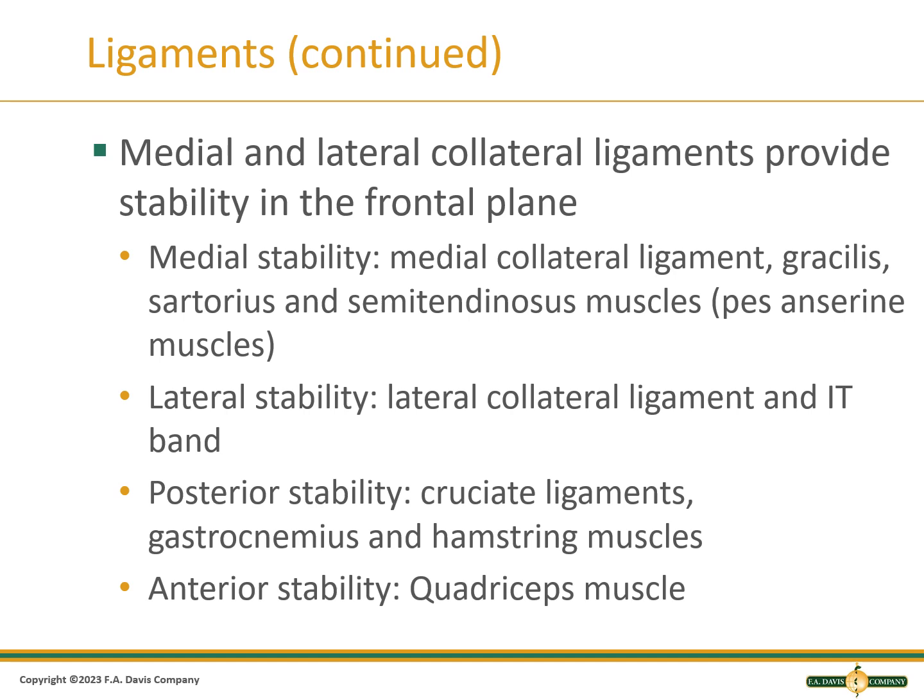All three of those muscles attach to the pes anserinae and contribute to medial stability of the knee. Lateral stability is provided through the lateral collateral ligament and the IT band. Posterior stability is provided through the cruciate ligaments and the gastroc and the hamstrings, so the muscles that cross on the posterior aspect of the knee. And anterior stability is provided by the quadriceps muscle.